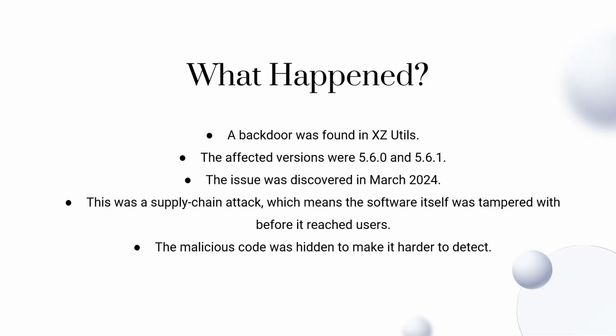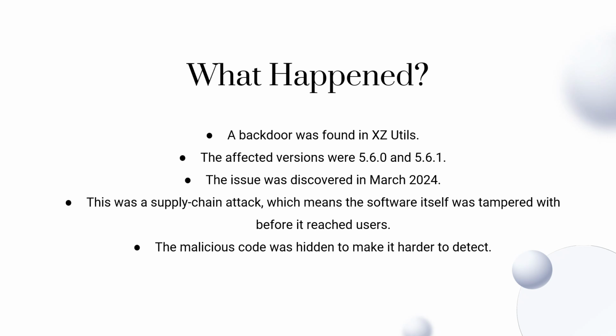So what happened? A backdoor was found in XZ Utils. The date was March 2024, and malicious code was found inside the software, in versions 5.6.0 and 5.6.1. This means that it was a supply chain compromise. It also means that the software itself was tampered with before the users installed it.